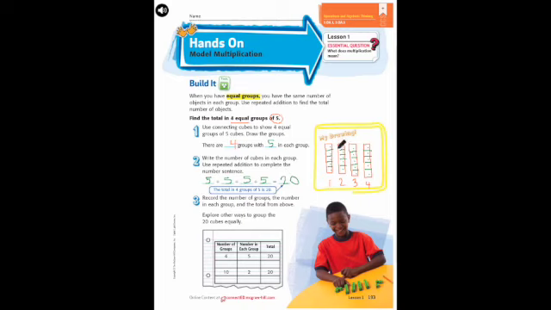So based on our drawing, the groups would be the orange rectangles, and each piece inside the group would be our green. So number 3, it says record the number of groups, the number in each group, and the total from above. Explore other ways to group the 20 cubes equally.